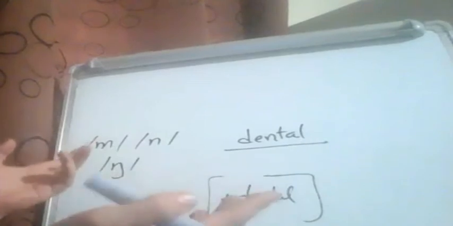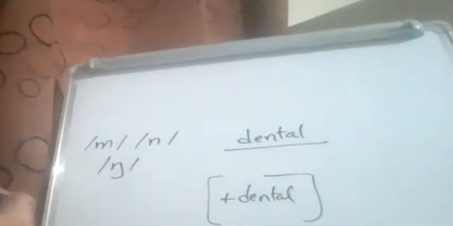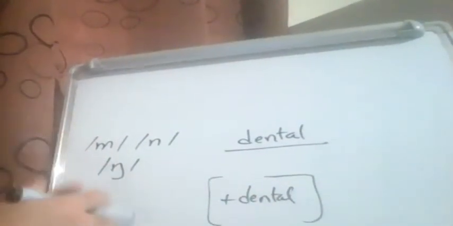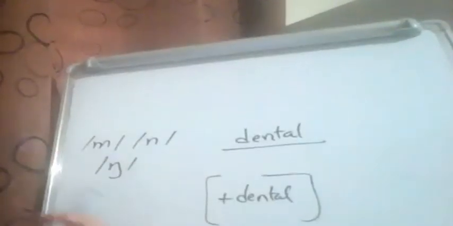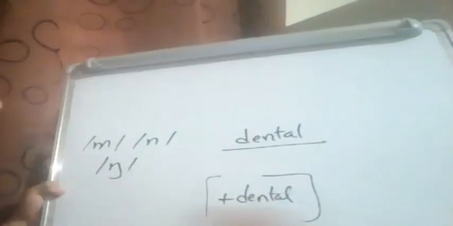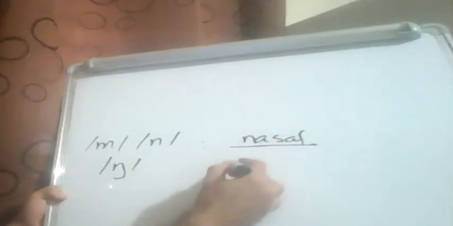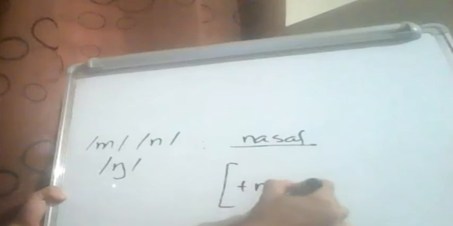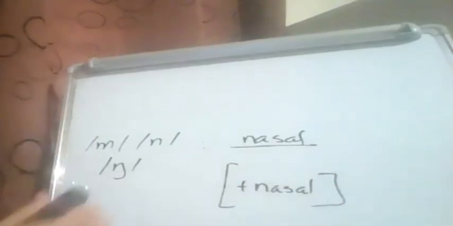The manner of articulation is the same, which is nasal, and the voicing is the same because all of them are voiced. But if you write voiced, then you're specifying all the voiced sounds in the chart. So in this case, we simply say nasal. Nasal sounds, specification plus nasal, and that's it.